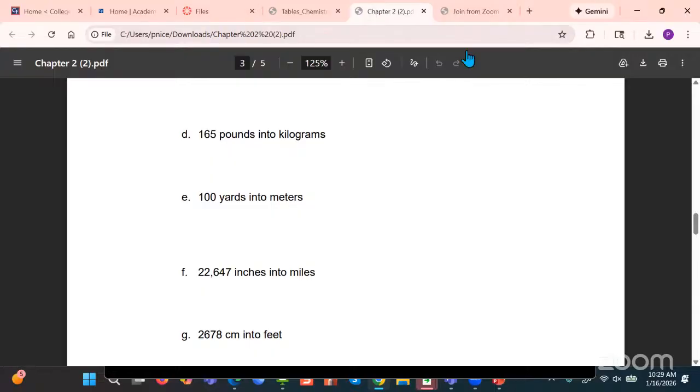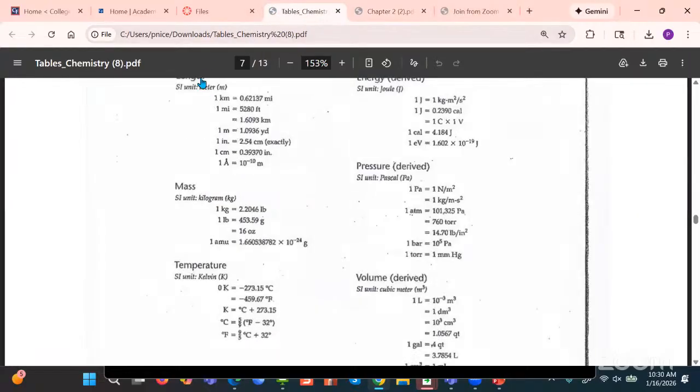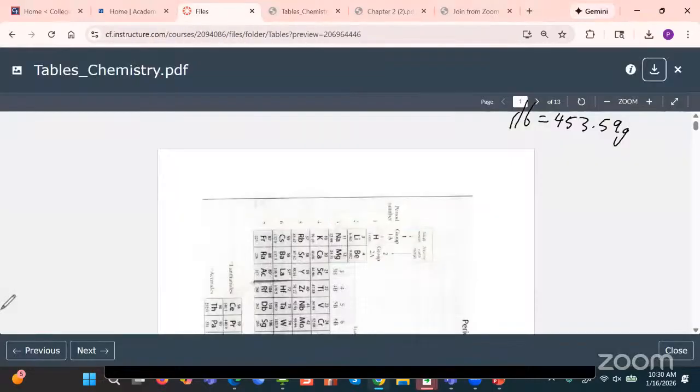Again, we have to refer to the tables to look at the relationship between pounds and kilograms, and that's given right here. Let me write this down: 1 pound is equal to 453.59 grams.